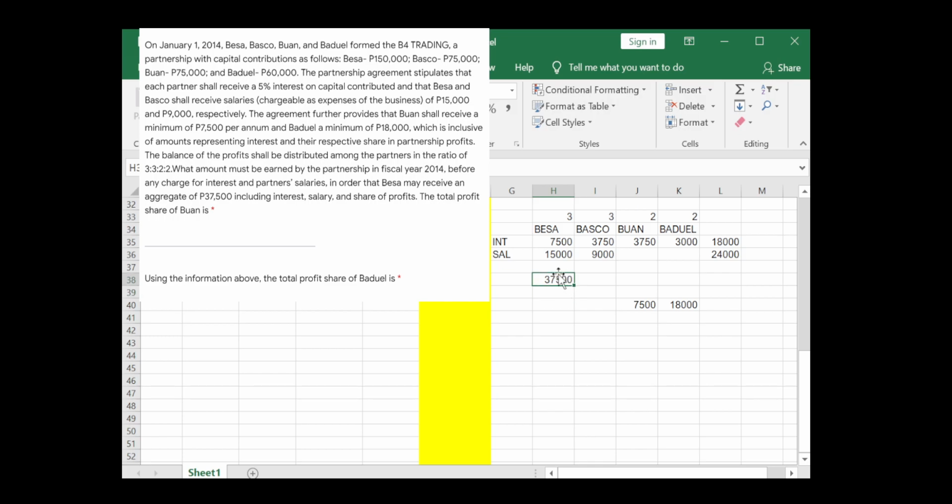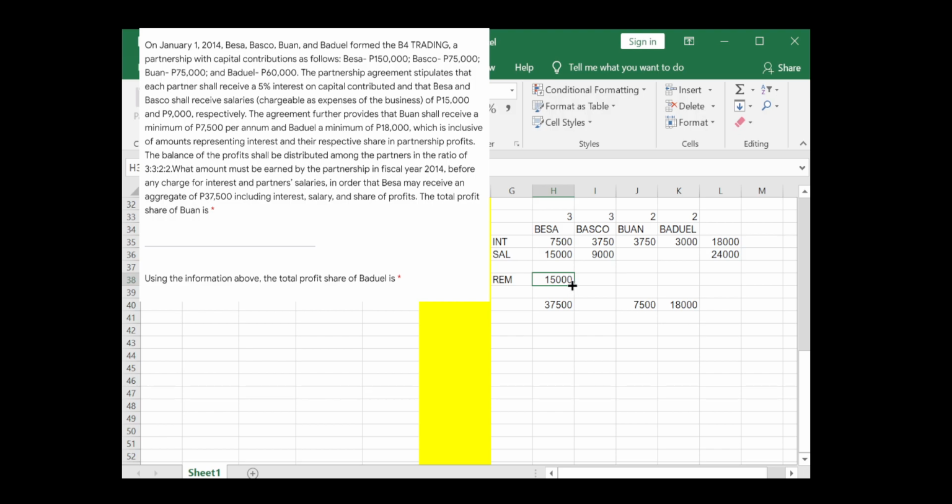Okay, so ito dapat yung total na matanggap niya. So it means, para makuha natin yung share in profits or yung remaining na amount, so yung kanyang 37,500, ibawas natin yung interest and then salaries. So ibig sabihin 15,000 yung share niya sa remaining income.